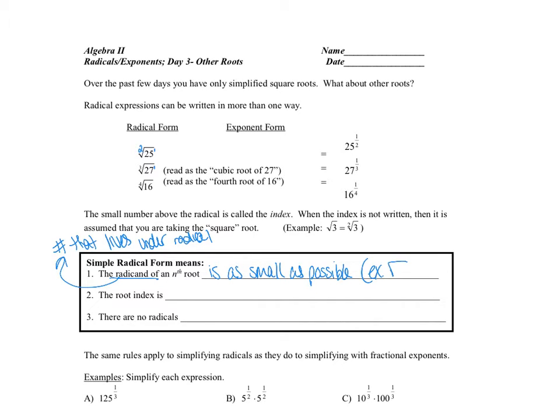If you were given the square root of 8 and said make sure that it's written in simplified form, we would write 2 rad 2 because we want the radicand to be as small as possible, that 2 under there. Now, the root index is also as small as possible when simplified. And we'll see some examples of that in a minute. And thirdly, there, again, are no radicals in the denominator. Remember, we're always rationalizing the denominator.